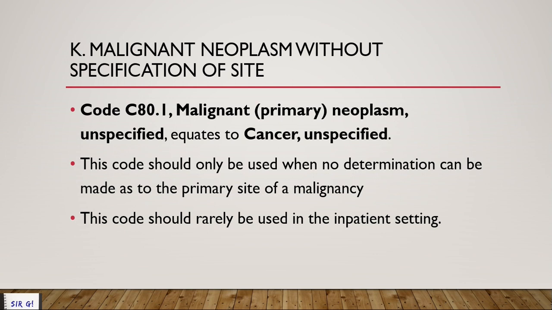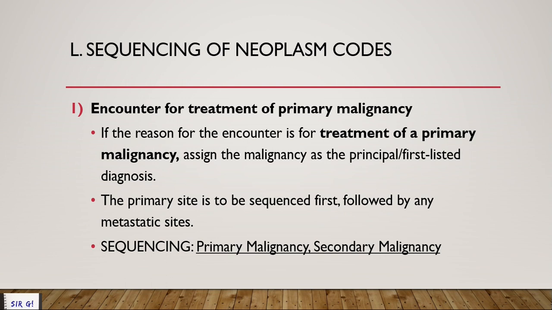Okay? Sequencing of neoplasm codes. So this is very important. Put a star, keep in mind, okay, put your heart here because in the exam, they will always ask about the sequencing. Okay, so number one sequencing guideline, if the encounter is for primary and there's also a secondary, of course, the reason for encounter is the primary, code first primary, followed by your secondary.